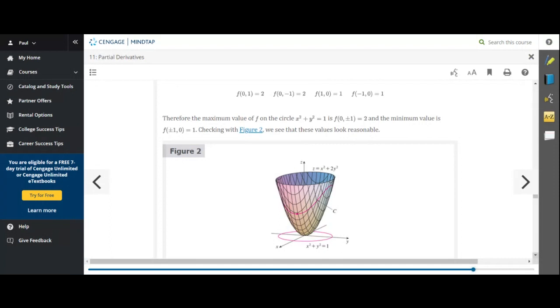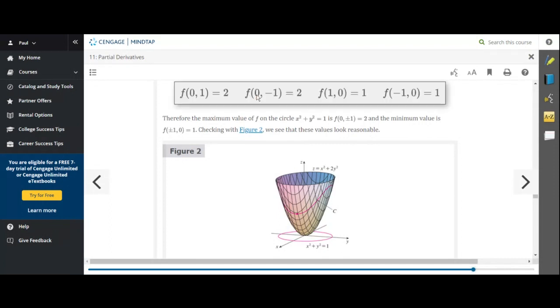And they evaluate the function at those values. And you see that at the coordinates (0, 1) and (0, -1), the surface is maximized, subject to the constraint. And at the points (1, 0) and (-1, 0), the surface is minimized, subject to the constraint that x squared plus y squared equals 1. Is this all right?